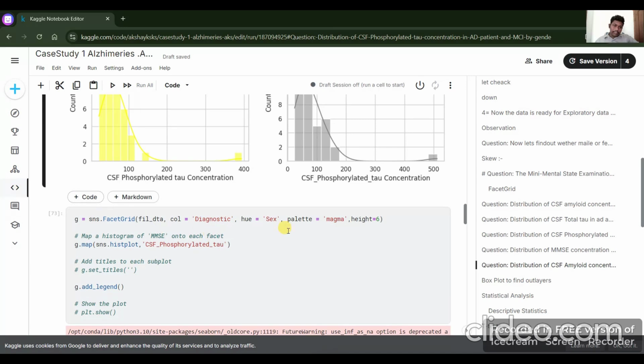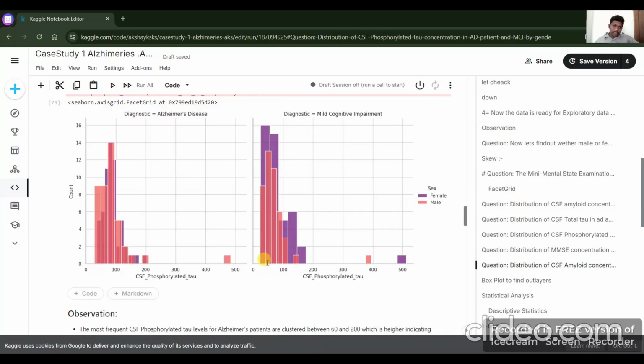And next, the facet grid graph you can see: diagnosis Alzheimer's disease, CSF phosphorylated TAU, female is this and male is this, and these are the variations.